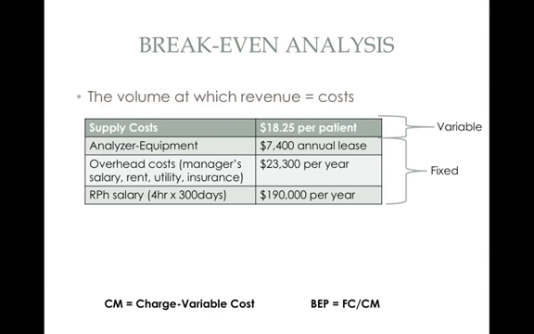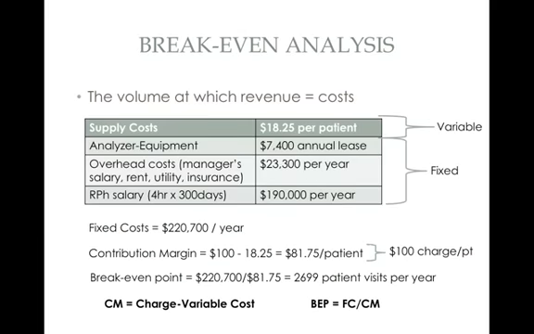This table provides an example for an anticoagulation clinic where supply costs per patient are $18.25 per patient. So the profit margin per patient visit needs to exceed that and provide additional income to cover the fixed costs, which I have listed here at $220,700 per year.